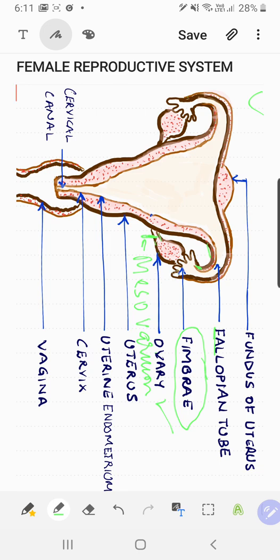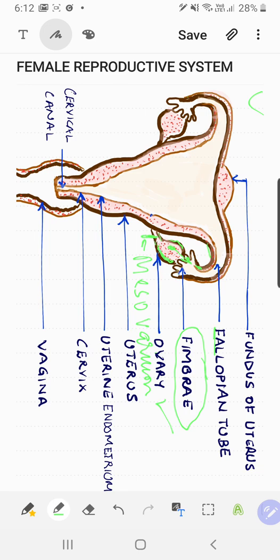Why is it so much folded? So that the surface area can be increased, and there are maximum chances to trap the ovum which is released out of the ovary. Whenever the ovum is released, straight away it goes into the fallopian tube. This is made sure by the fimbriae, or you may also call it the oviductal funnel.